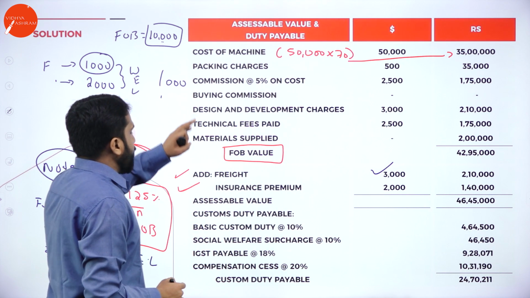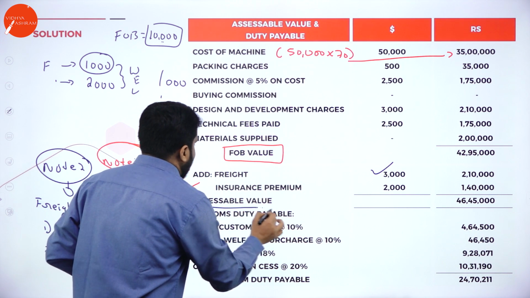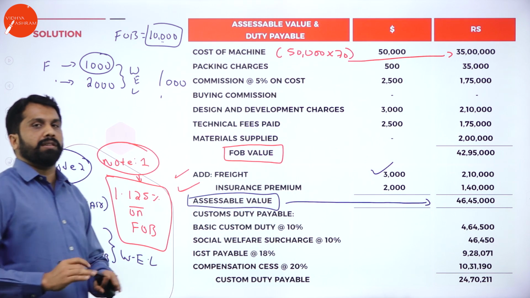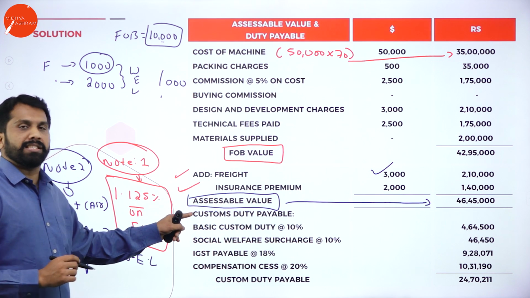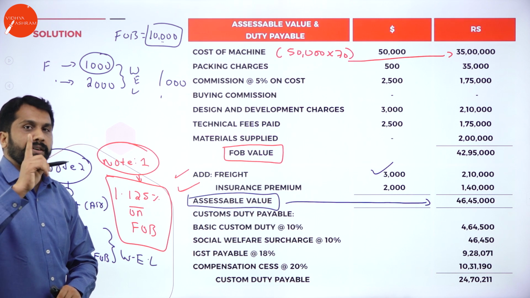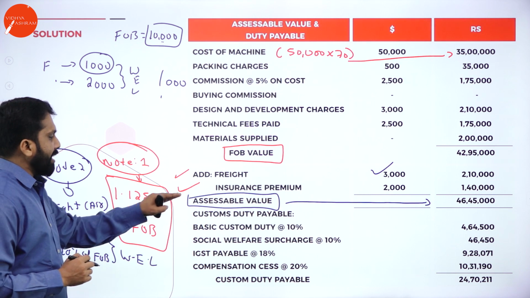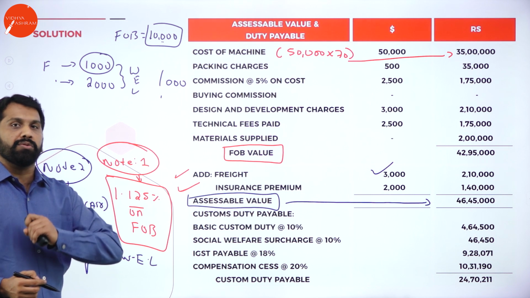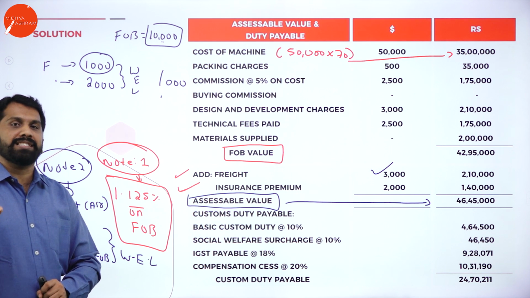Now, if you add everything, you will get assessable value. Clear? Yes. You will get assessable value. Up to this, we call it part 1. Once you have the assessable value, later we have to calculate custom duty. How much is the tax payable?